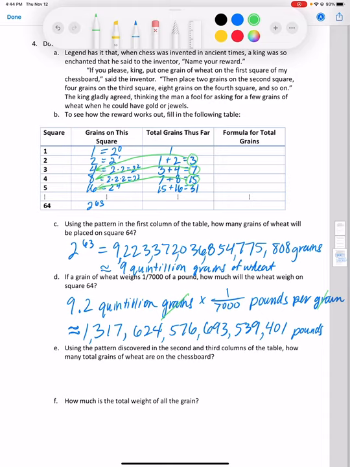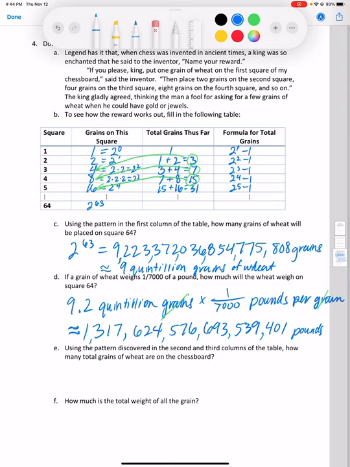So for the total grains, we have the future square. The next square is 2 to the first, for example, subtract 1. Square number 2 has the same amount as 2 to the second minus 1 as well. Okay, 2 to the third minus 1, 2 to the fourth minus 1, 2 to the fifth minus 1.